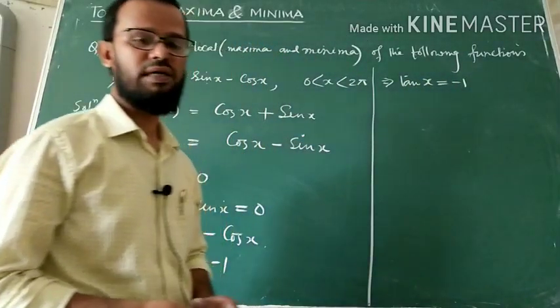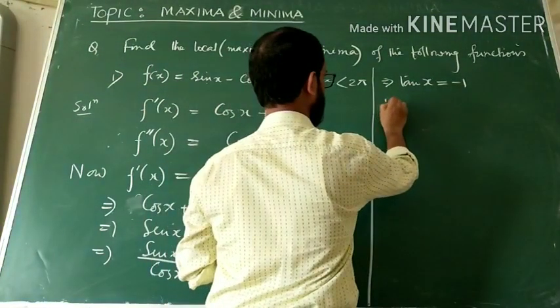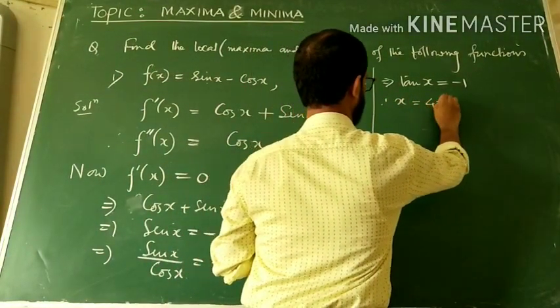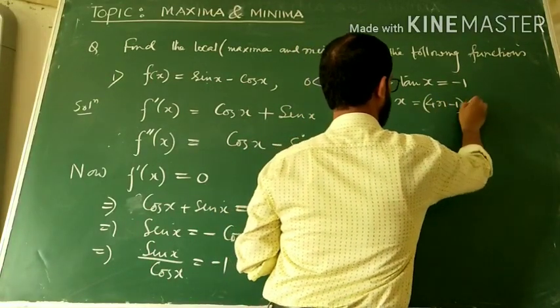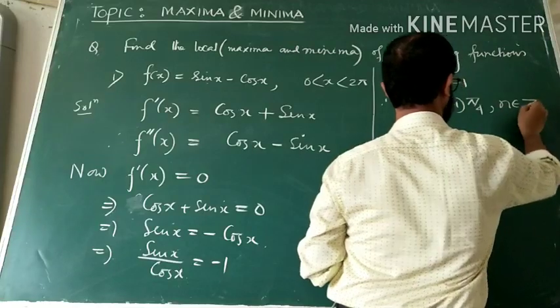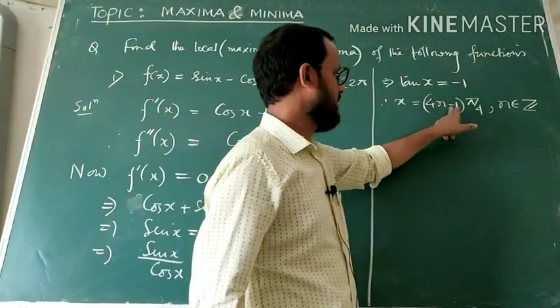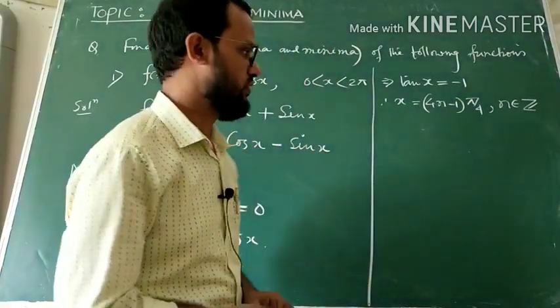Tan x equal to minus 1 is a trigonometric equation. Its general solution is given by x equal to (4n minus 1) into pi by 4, where n is an integer. If it were plus 1, it would be 4n plus 1. You remember this.